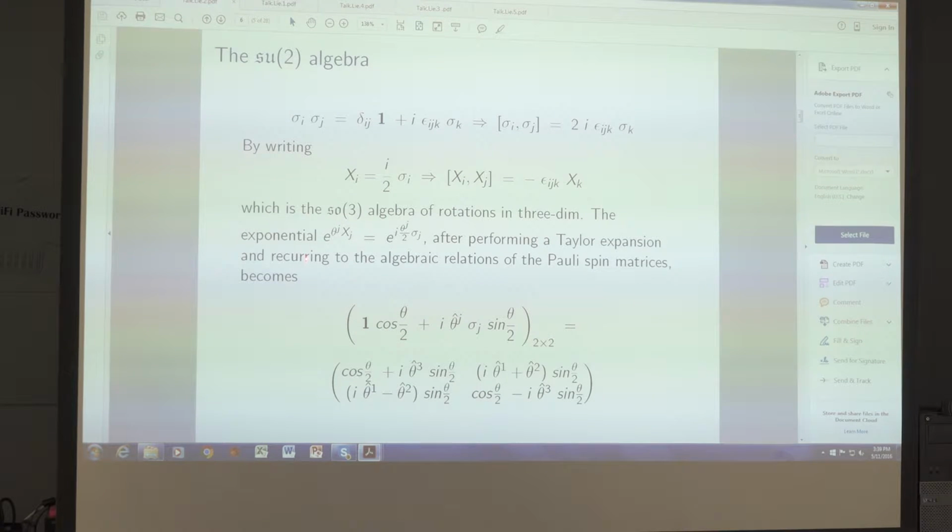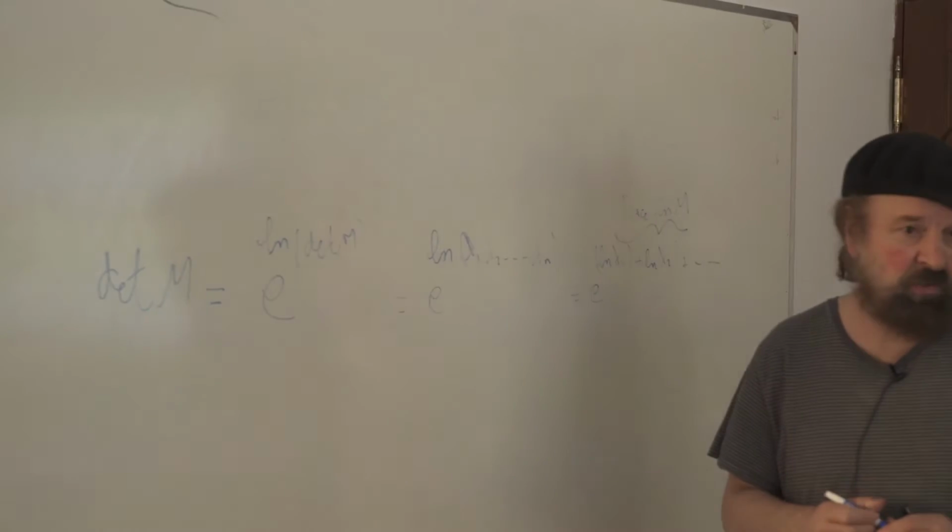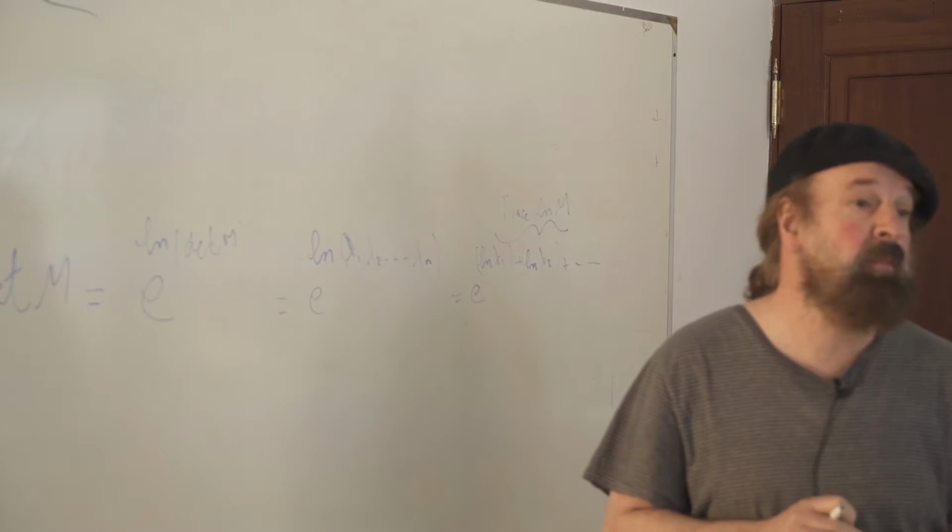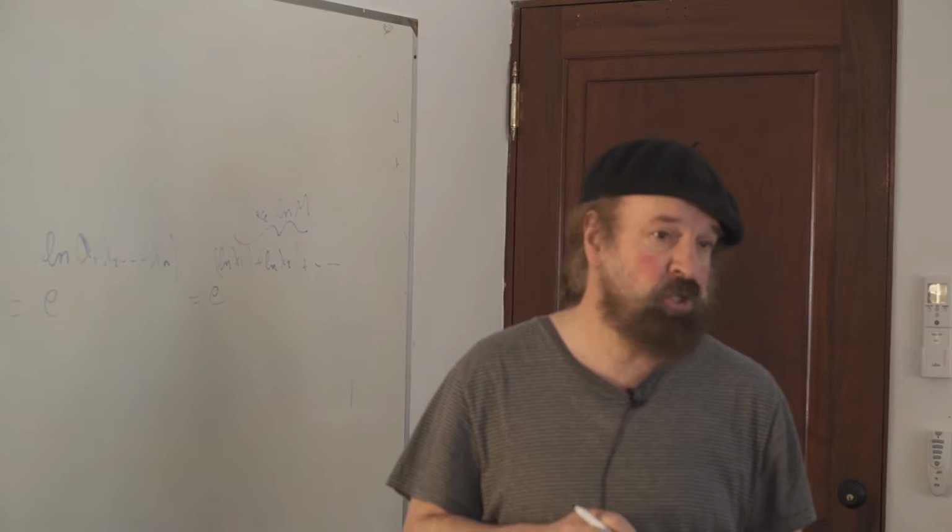Now let's look at the exponential of this expression. The X, you remember I defined them like this, 1/2 of the Pauli generators. I had an I because remember, this object here is Hermitian. The I makes it anti-Hermitian. And why do we want to have an exponent that is anti-Hermitian? The reason is because I told you that for unitary matrices the inverse is the same as the Hermitian adjoint.